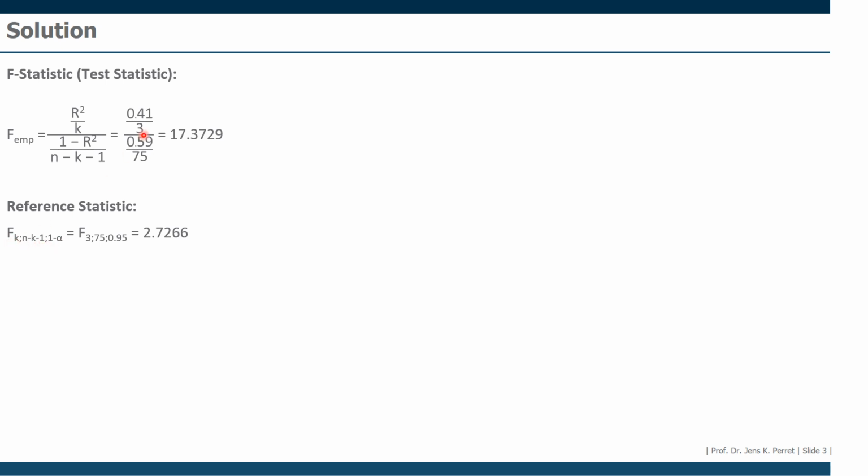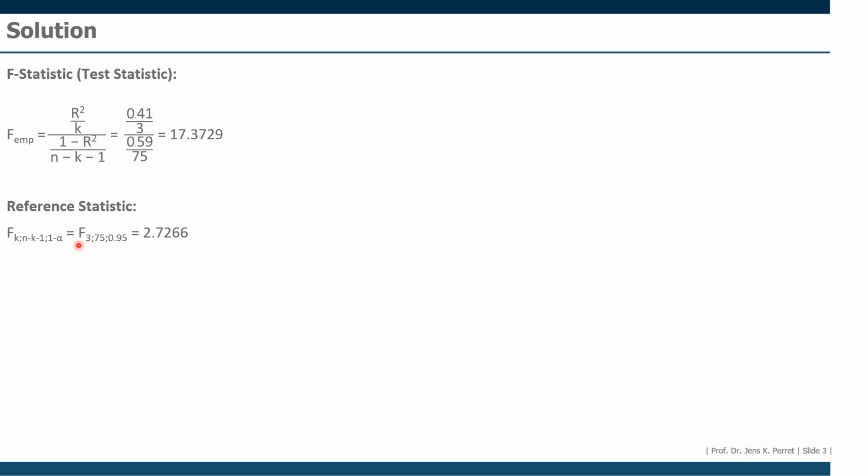Well, the k we have here as 3, the n minus k minus 1 we have here as 75, and finally we have 1 minus alpha. Alpha, that's the margin of error, and as we recall, in the text it said margin of error should be 5%. So here we calculate 1 minus 5%, or minus 0.05, giving us 0.95.